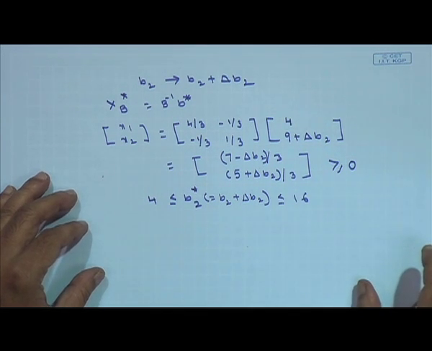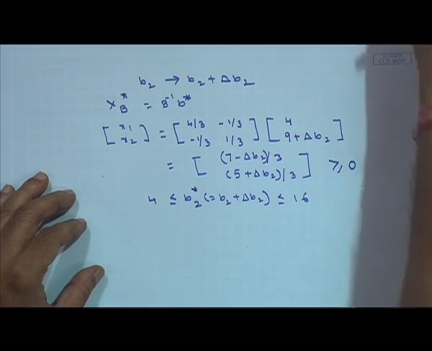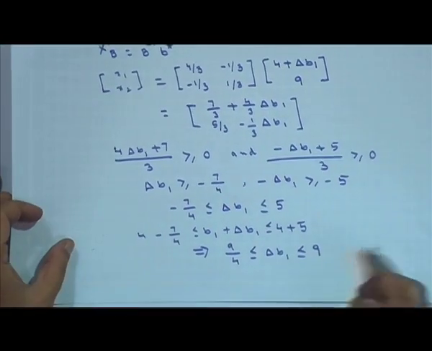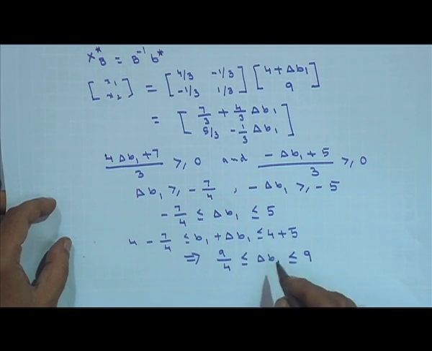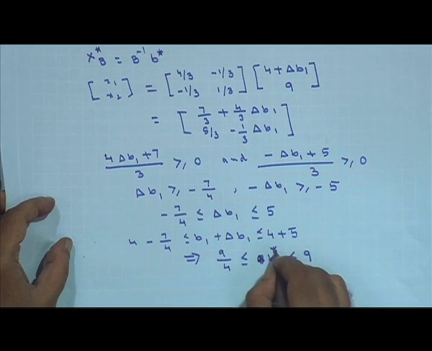So, this should not be delta B1 but B1 plus delta B1, which I can say is B1 star.